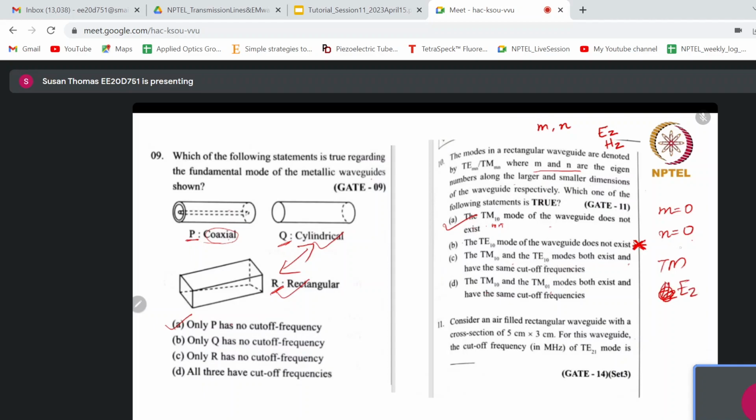Okay, in case of TM, HZ goes to 0, but EZ will exist. So if EZ goes to 0 when N is 0 or M is 0, then that mode does not exist. So that is the correct statement. These two statements are wrong.